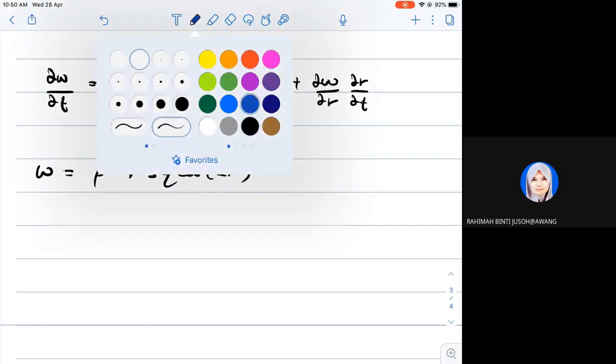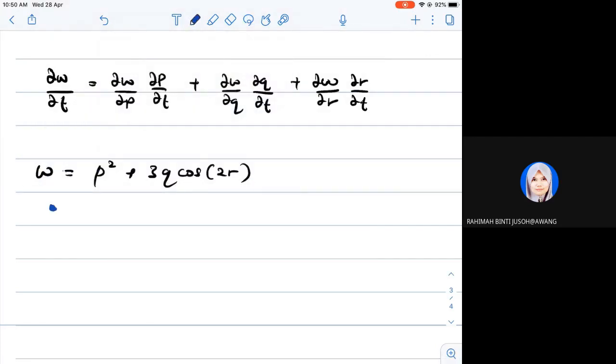So we have from here, kita ada del W over del P equals to apa? Differentiate W terhadap P, partially. Ni dah belajar sebelum midterm break? 2P. Yes, 2P. Kan senang je tu, 2P. Mana ada perkataan lain dah.